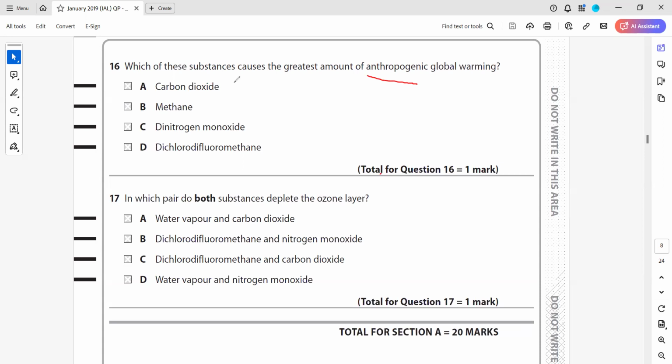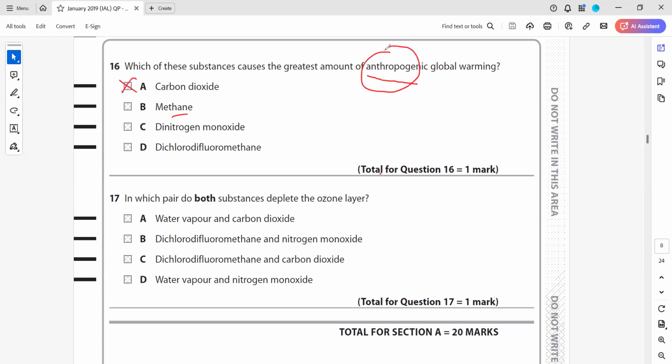Carbon dioxide is mainly causing global warming. Methane is also causing global warming, but our activity does not emit too much methane. But for example, burning of fossil fuels and burning different types of compounds release carbon dioxide.